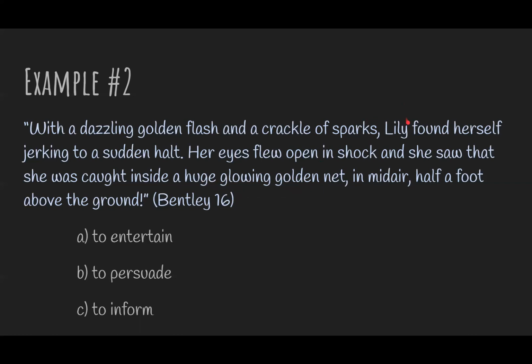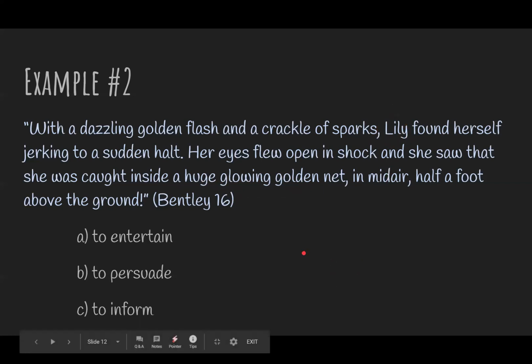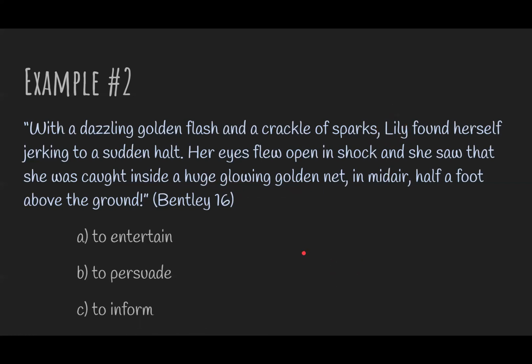We also have a character, Lily, right? And we also have a series of events. She jerks to a sudden halt, her eyes open, and she finds herself inside a glowing net, okay? So these are three things, three events that happen in a sequence. So since we have a character, fictional elements, and a plot, we can call this a to entertain.